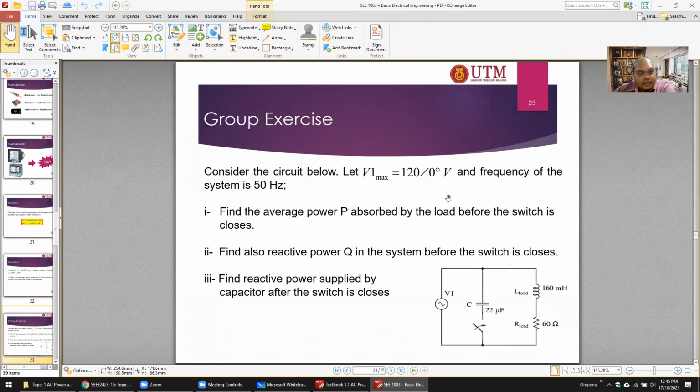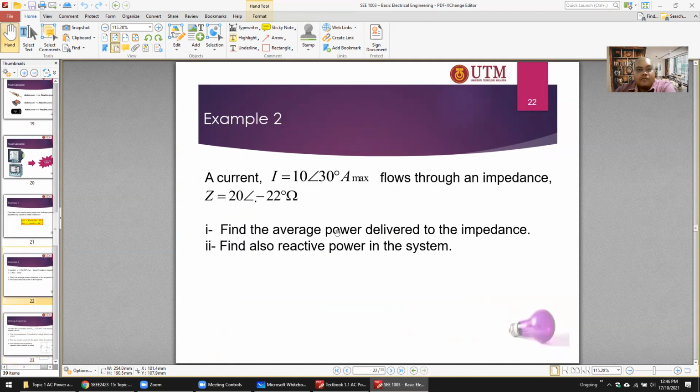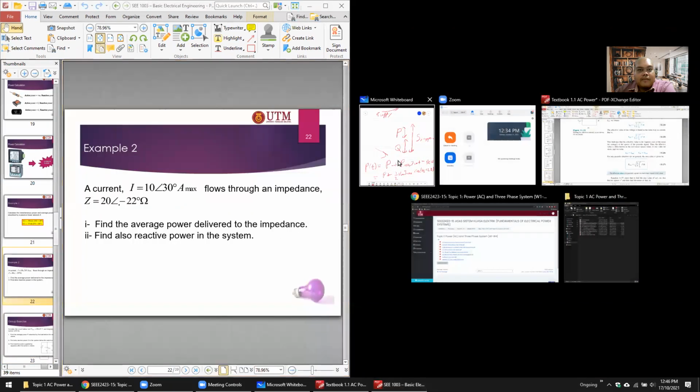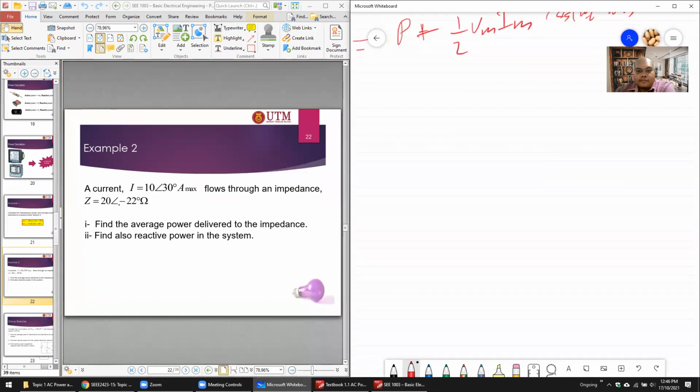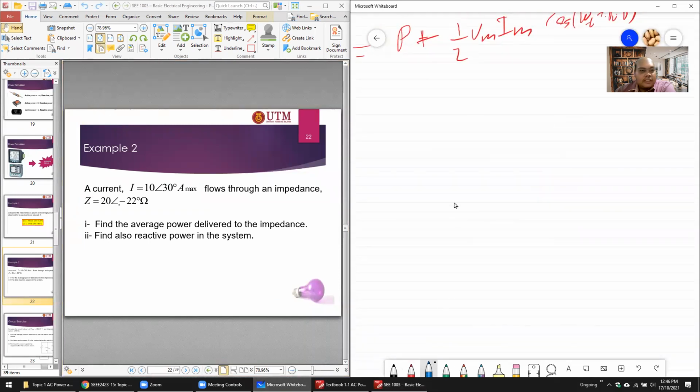Of course, this one is an example. You can try to do it. Maybe I just show you. You have I, you have Z. You find the average power delivered to the impedance. Of course, you have to find V, which equals I times Z. I think this one was already shown.